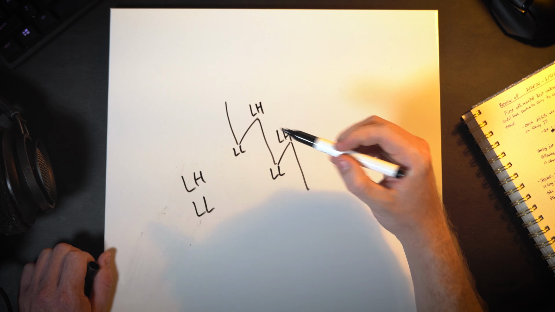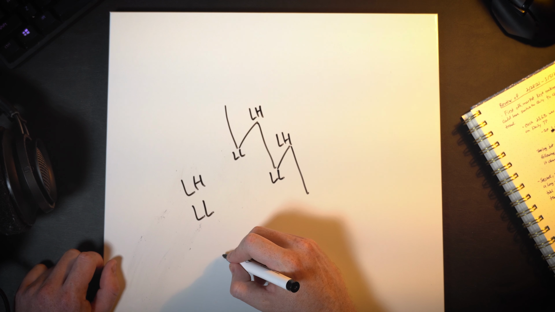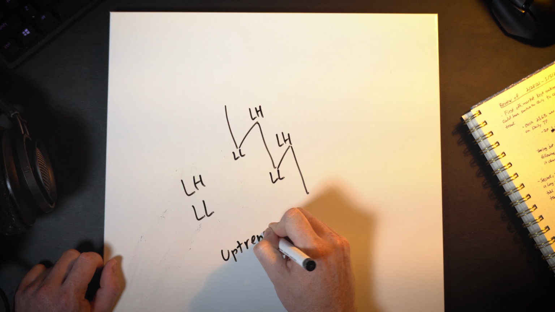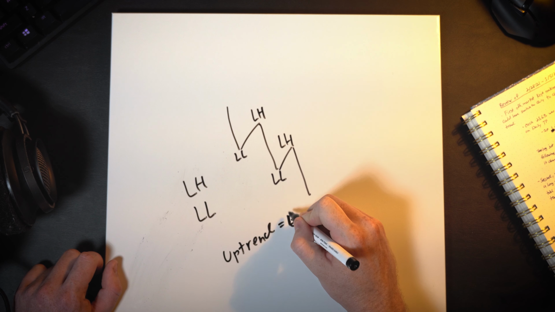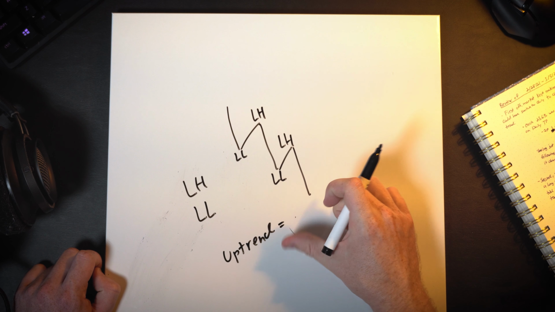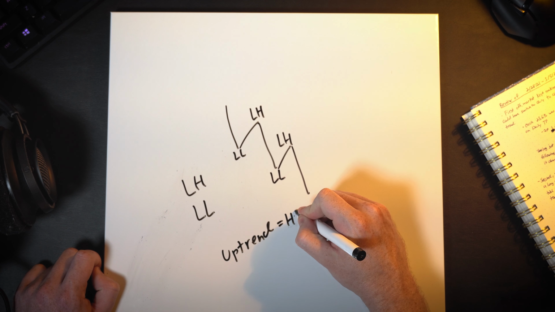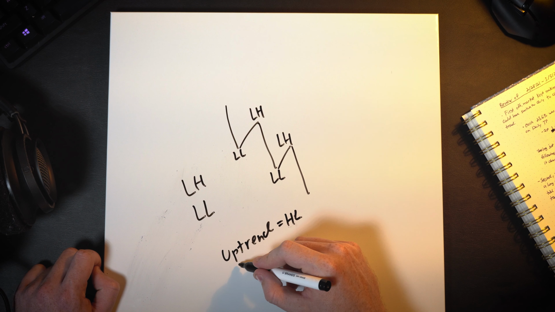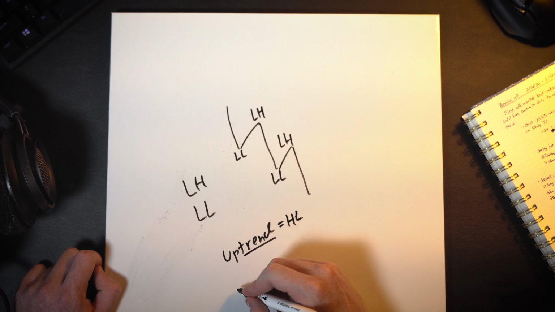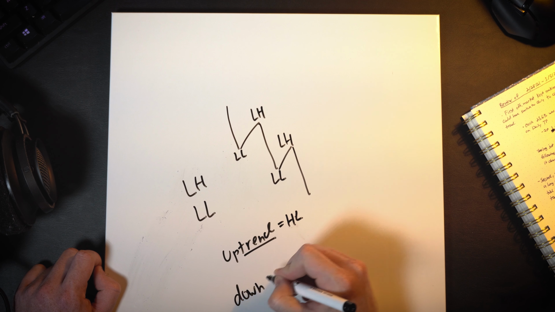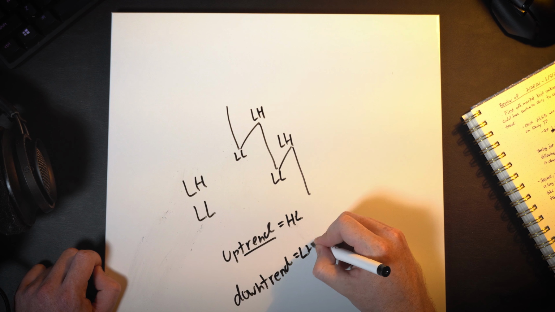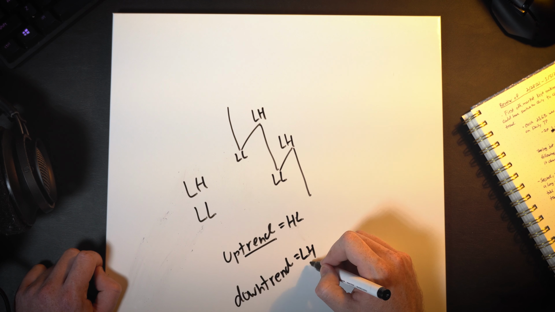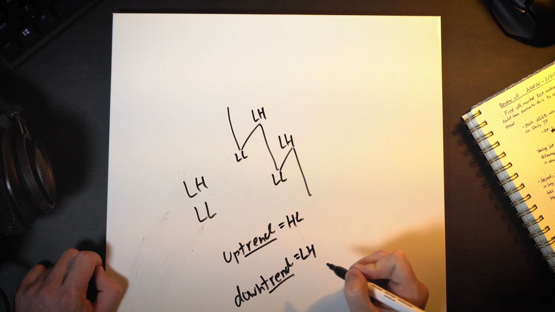In both trends, if you are in an uptrend, as long as it is maintaining higher low points, it is maintaining its trend. And in a downtrend, as long as it's maintaining its lower high points, it's maintaining its trend.